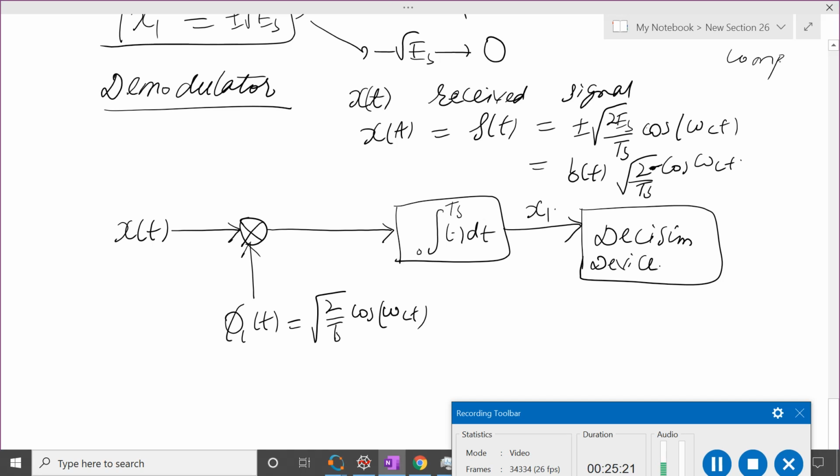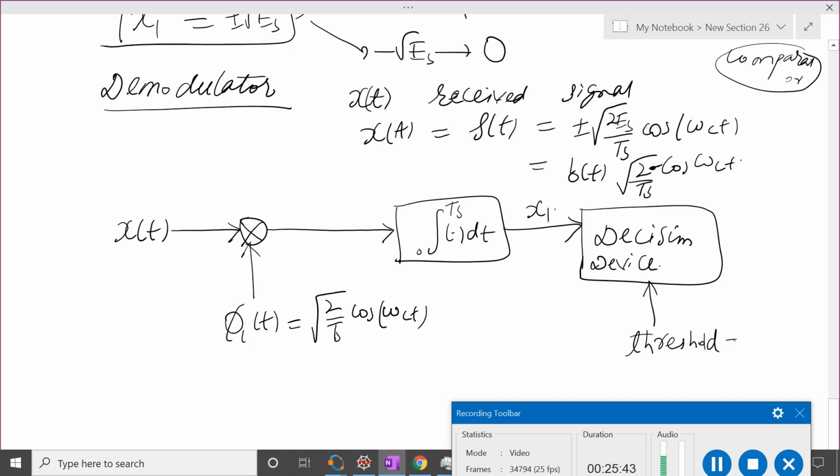If you don't know the comparator, kindly go search and see some book. A very basic op-amp based device which will take any input and the output will tell us a sign, whether it is plus or minus. That is the decision device. So the decision device has to make a decision with respect to some threshold.